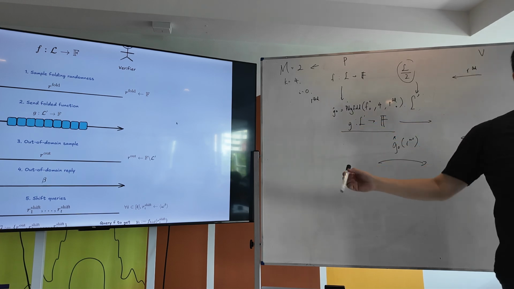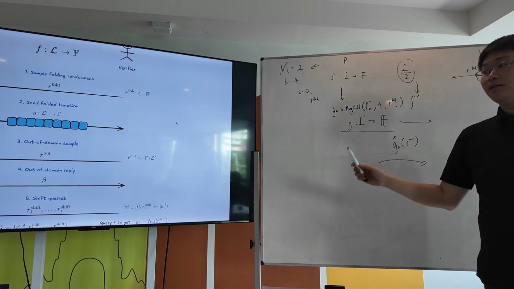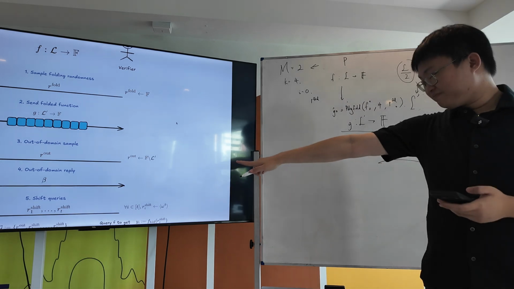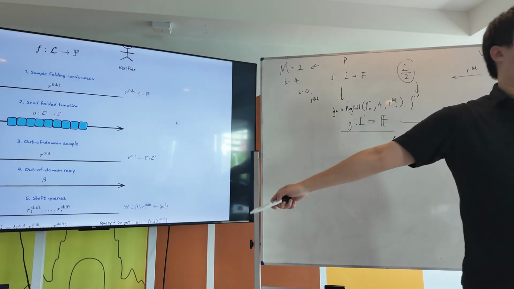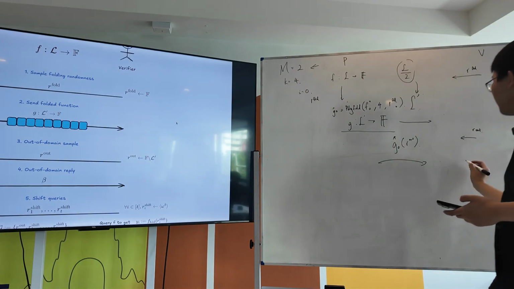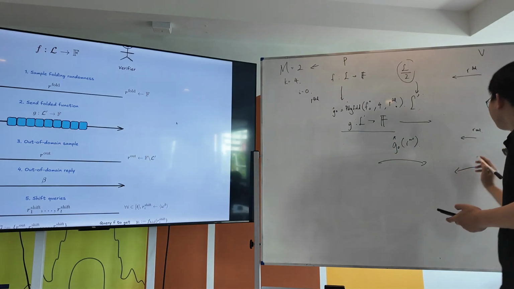So let's go to shift queries, where the verifier once again sends a series of random numbers, r_shift, over to the prover.